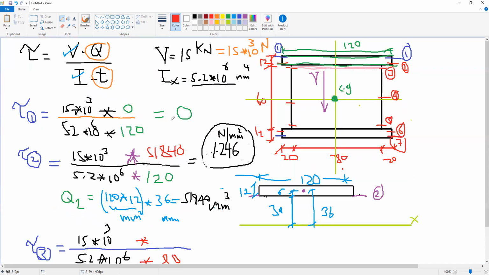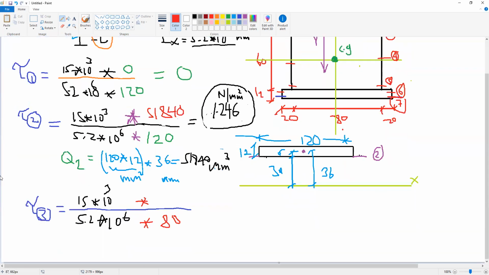How about the moment of area Q3? If we have a look at section 3, the area above section 3 is the same as the area above section 2. This means that Q3 equals Q2, which is 51,840 millimeter to the power 3.